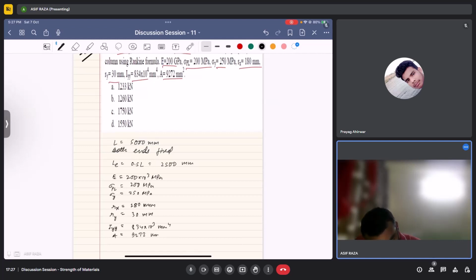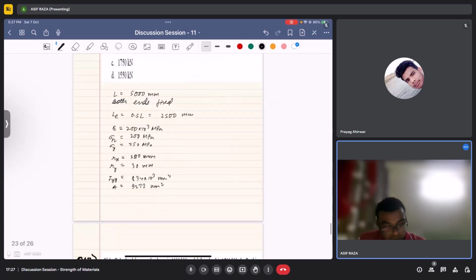area is given as 9272 millimeter square. So if you see both these two, we can find that R minimum, the least radius of gyration, would be Ry, and that is 30 mm. Okay.